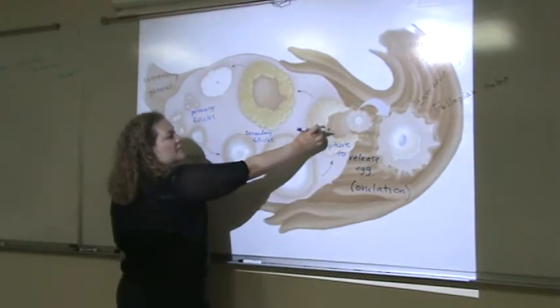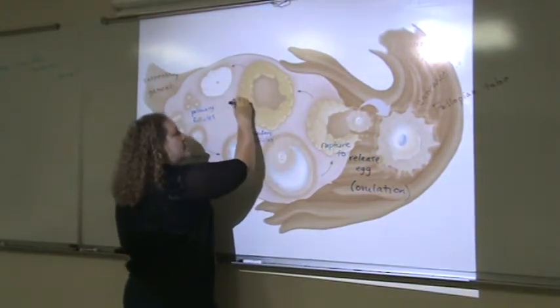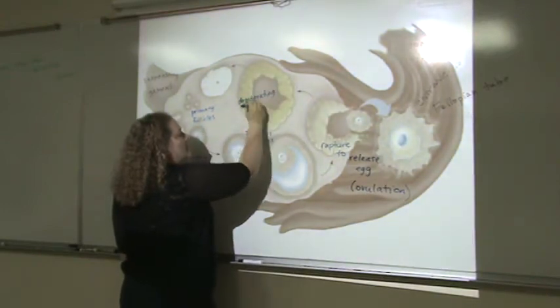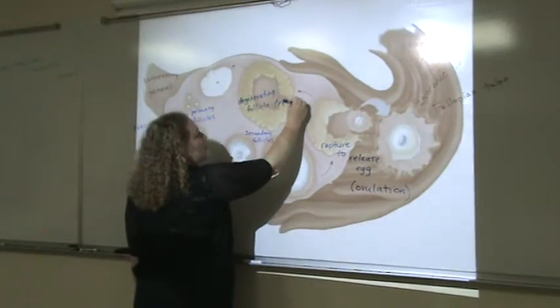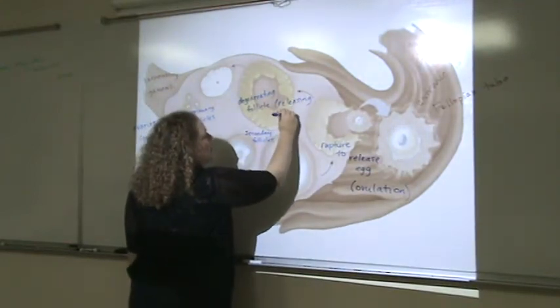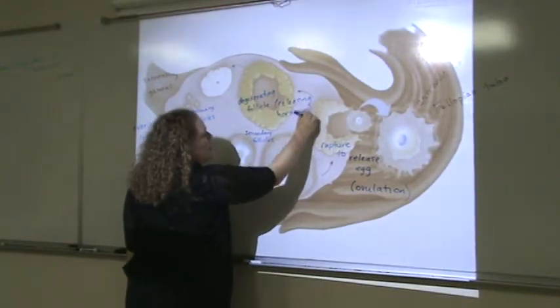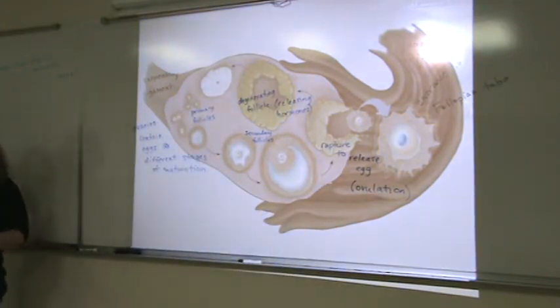From that point, the follicle that the egg came out of will start degenerating. This is a degenerating follicle, but it's also releasing certain hormones from that point.